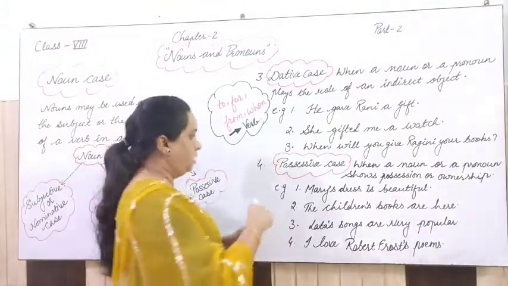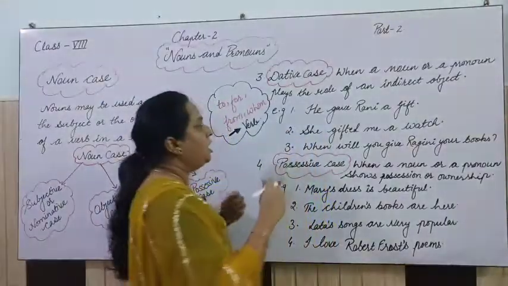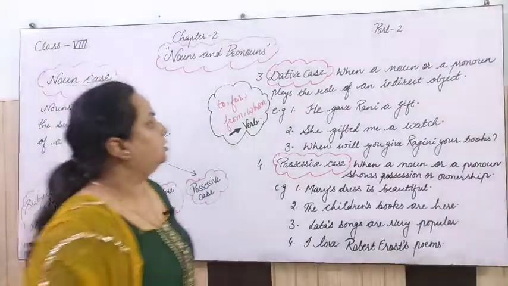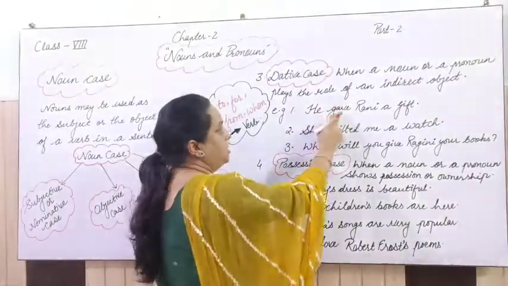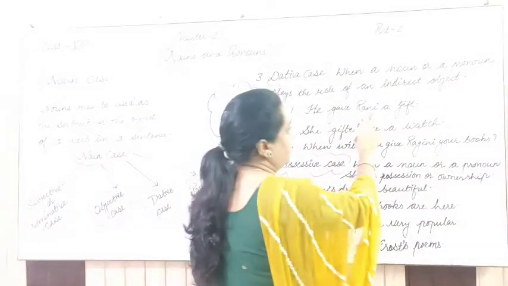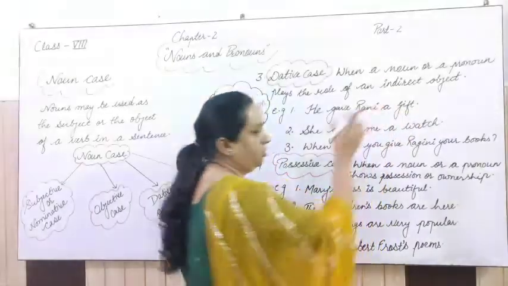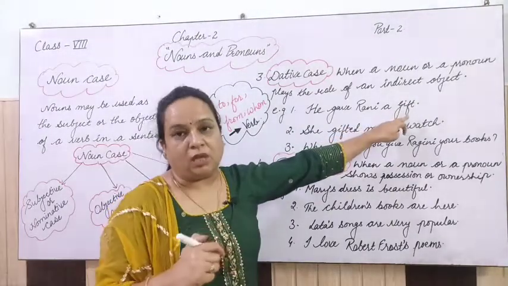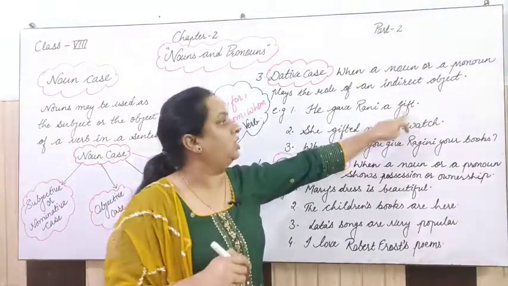So see, with the help of the first example, he gave Rani a gift. Now he is what? Subject. Gave is what? Verb. Rani and a gift, both are two kinds of object here. First one, a thing, that is the direct object, that is gift.